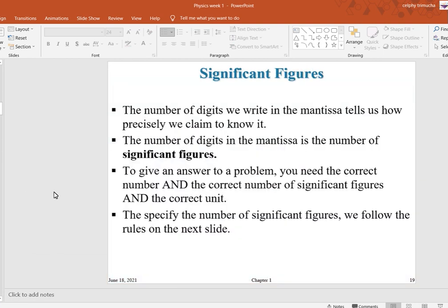Another important concept in the study of physics is the understanding of significant figures. The number of digits we write in a mantissa tells us how precisely we claim to know it. So the number of digits in the mantissa is the number of significant figures. To give an answer to the problem, you need the correct number, with the correct number of significant figures, in the correct unit.